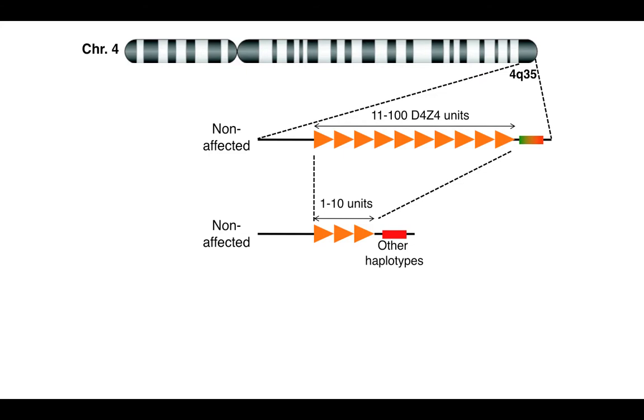Normally, we have 11 to 100 of these units, and these are usually just stored and do not cause any problems, nor are they being used. Think of each of these repeat units as a storage unit.